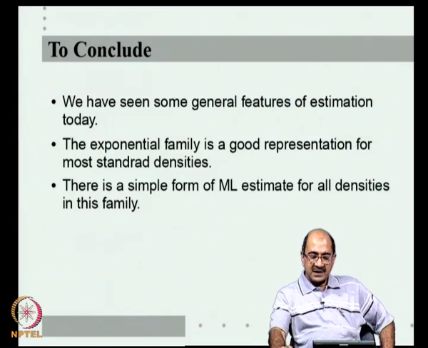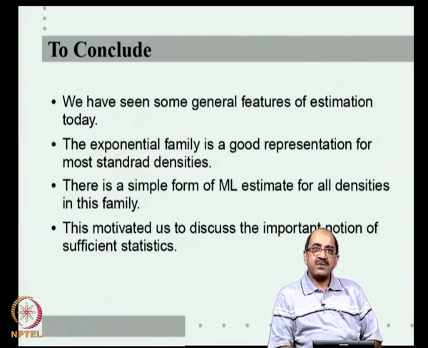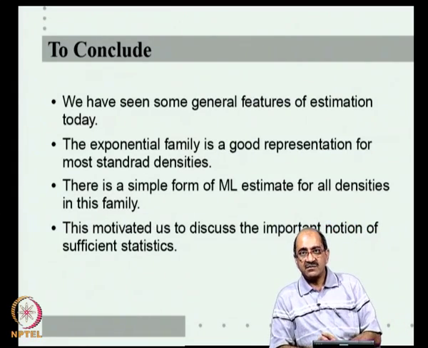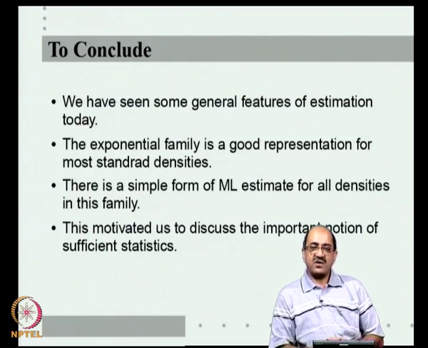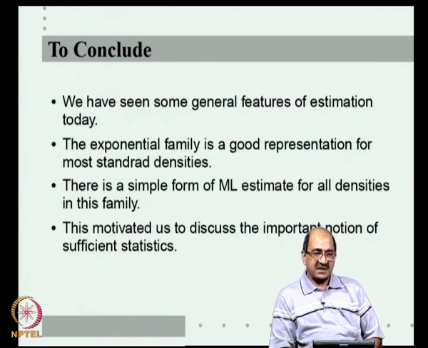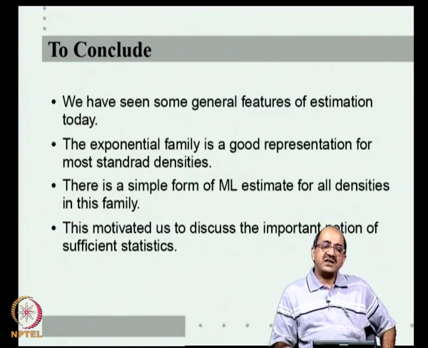Okay. And this form has motivated us to discuss the very important notion of sufficient statistics. Sufficient statistics are functions of data which are enough for estimating a parameter. That is, if I am given the sufficient statistic, the data can be thrown away. So, in some sense a sufficient statistic captures all the information the data has about the parameter value.